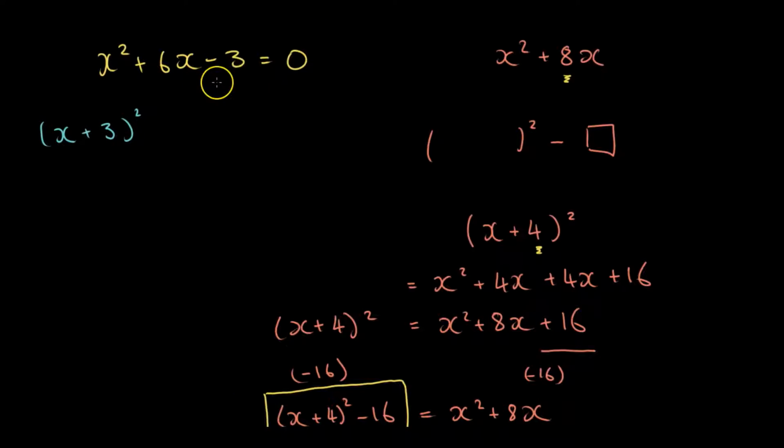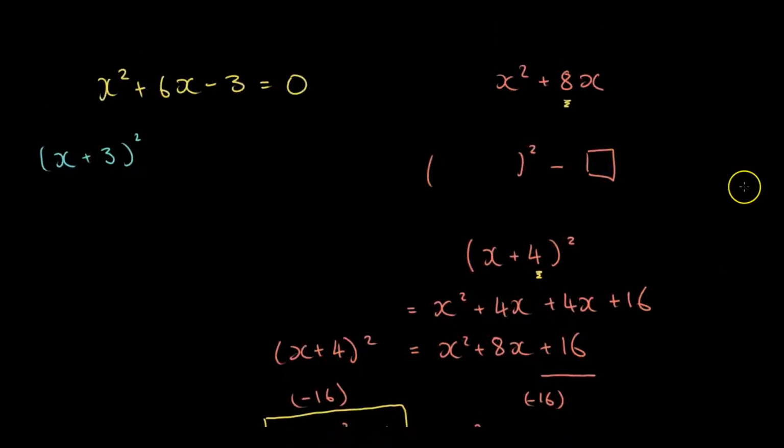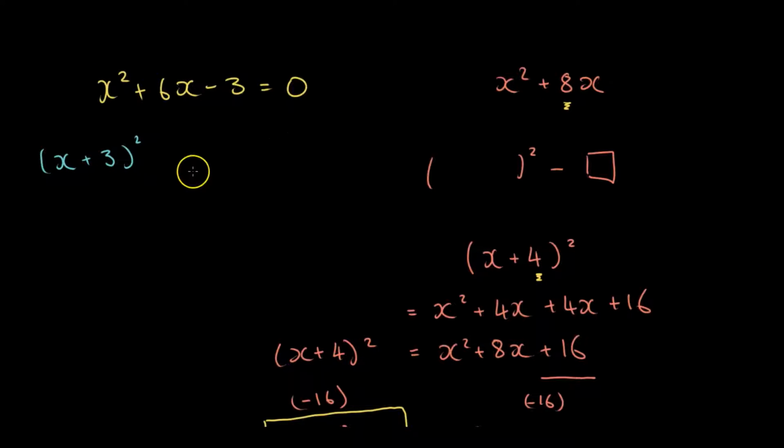And in order to find out what the number subtracted or added at the end needs to be, so here I needed to subtract 16 in order to get my original expression. Let me expand these brackets out and see what we end up with. So here I have plus 9 at the end, except I would like minus 3. So in order to get from plus 9 to minus 3, I need to subtract an extra 12.